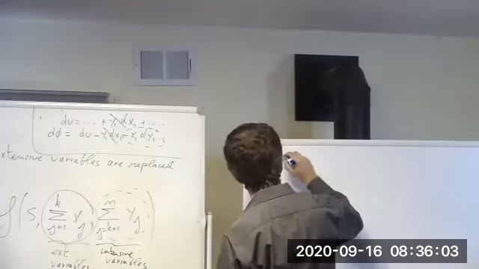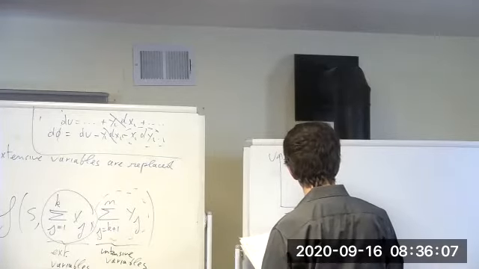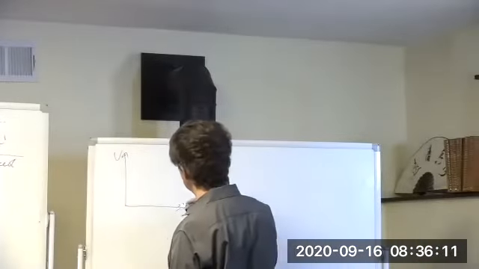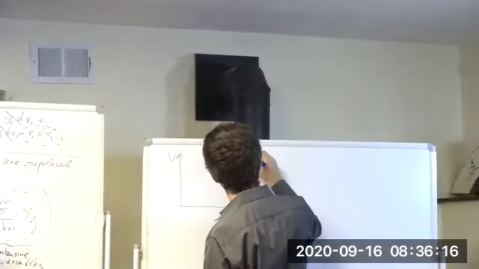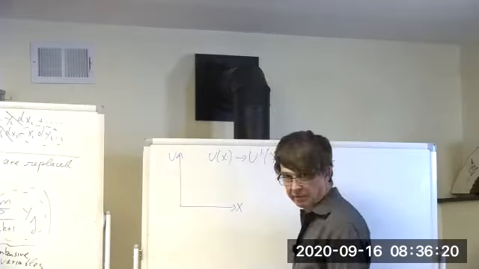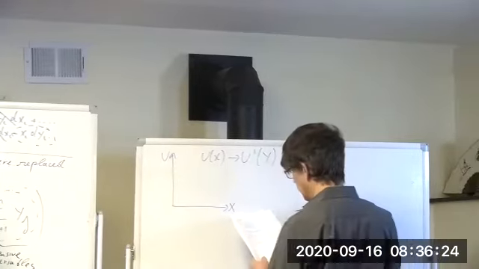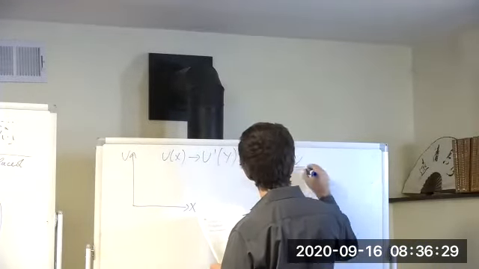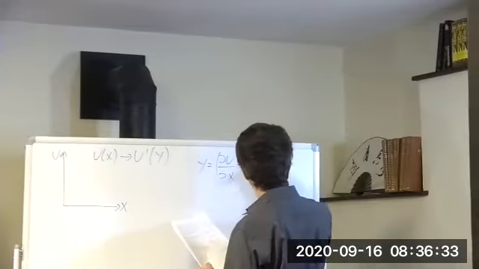So if I have a function u, let me first do it with one variable here, as a function of x, and x is an extensive variable. So I have u of x. And what I want to do is go to some function u prime of y, where y is the intensive variable. That's actually easy, right? What would I do? Well, I know that y is the partial of u with respect to x. So that's some function y of x.